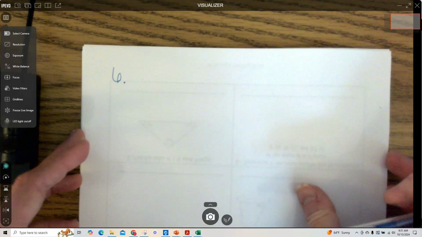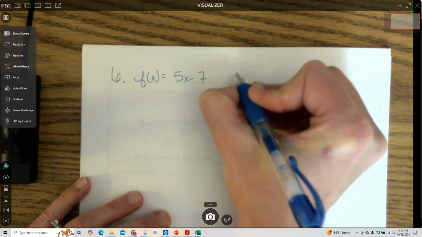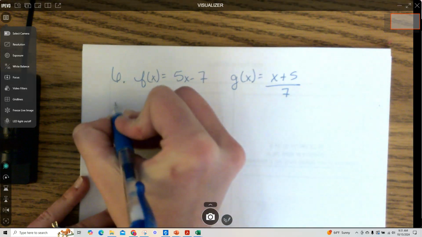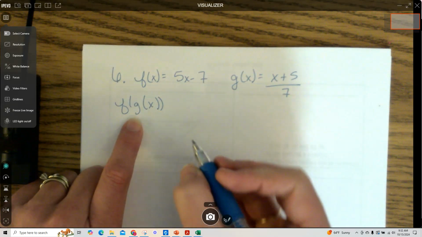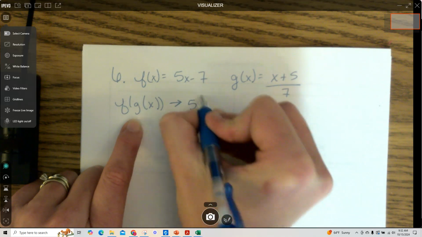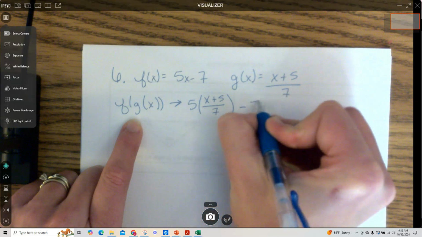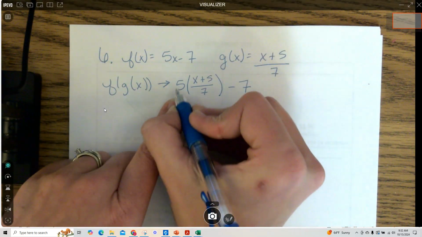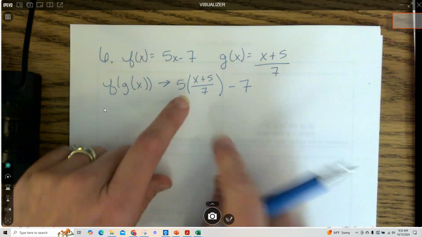Number six. It's the same thing. f of x equals 5x minus 7, g of x equals x plus 5 over 7. I can already tell they're not inverses. f of g of x would be 5 times x plus 5 over 7, minus 7. In the other one, things canceled, but that's not going to happen here.